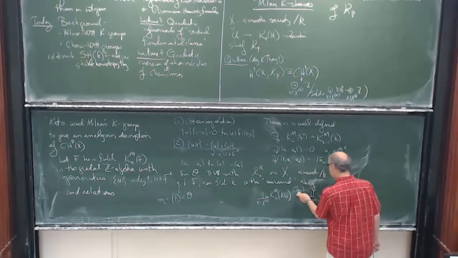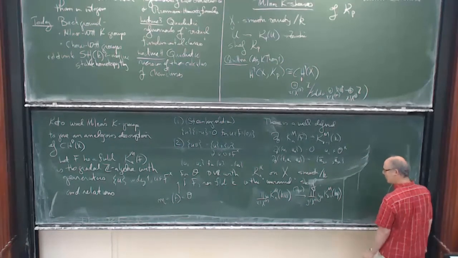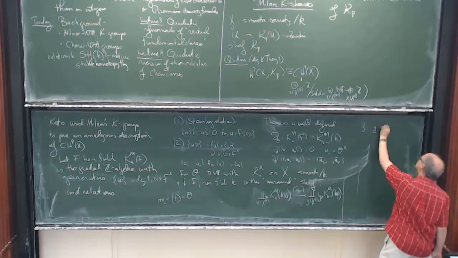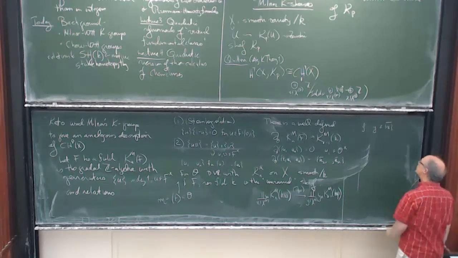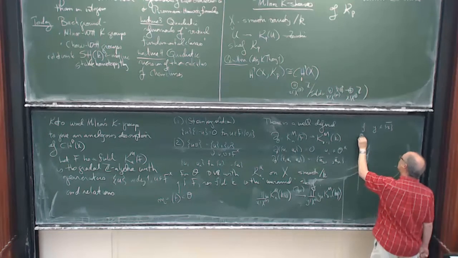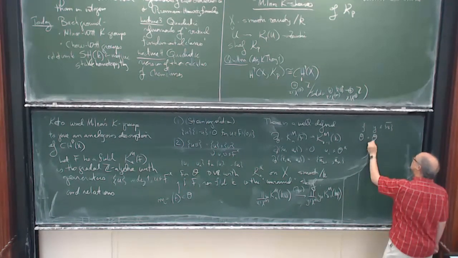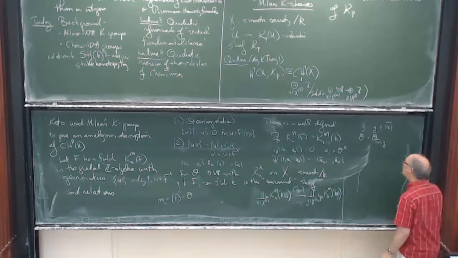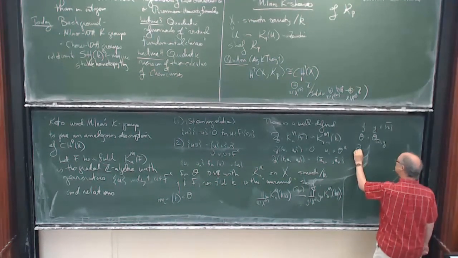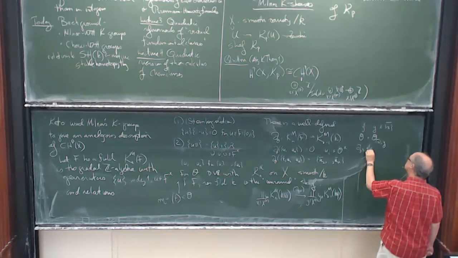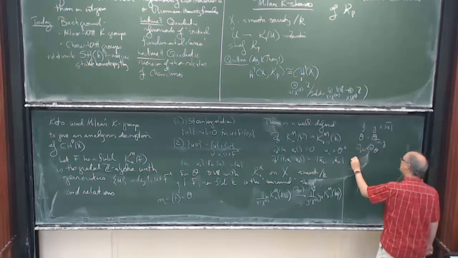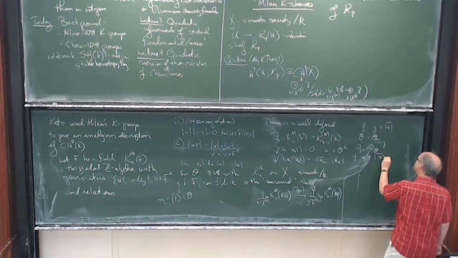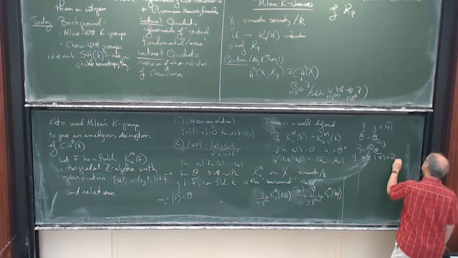What this delta_{yx} is: if y happens to lie in the closure of this generic point x, then we can take the local ring on this component at the point y, and delta_{yx} is just delta_O. And if y is not in this closure, then you set this delta_{yx} to be 0.